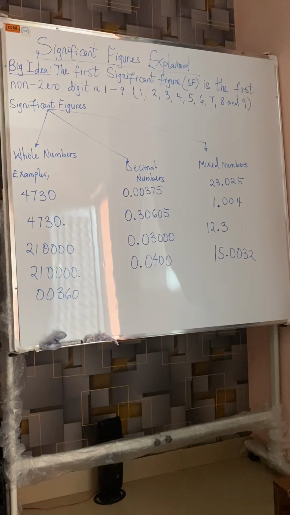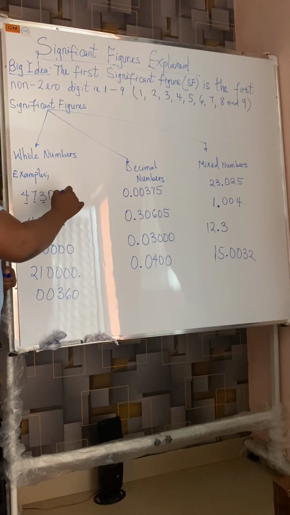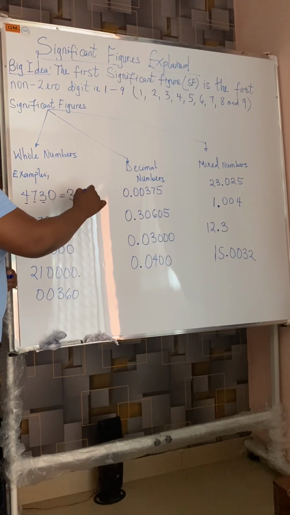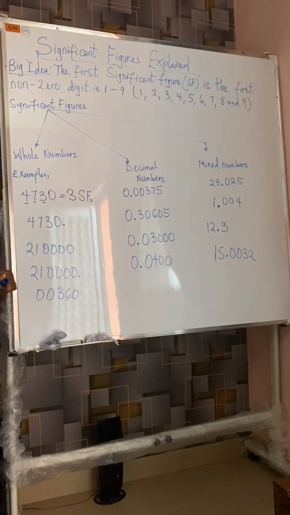So this is the first significant figure, this is the second significant figure, and this is the third significant figure. You see this 0 here? This 0 could just be standing as a placeholder. So to be fair to us, there are 3 significant figures here.